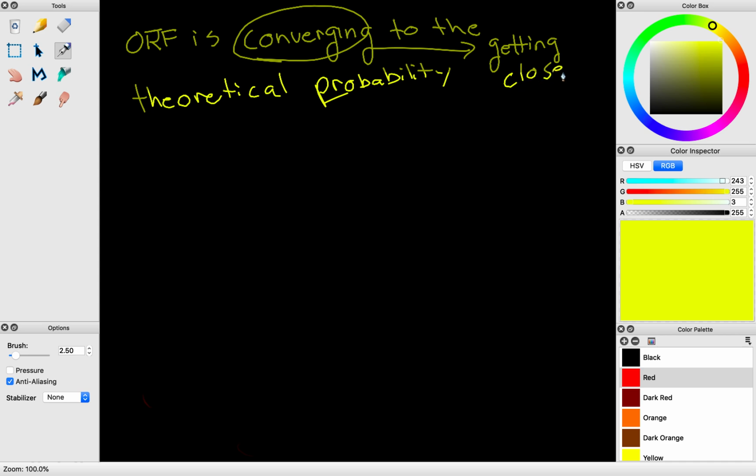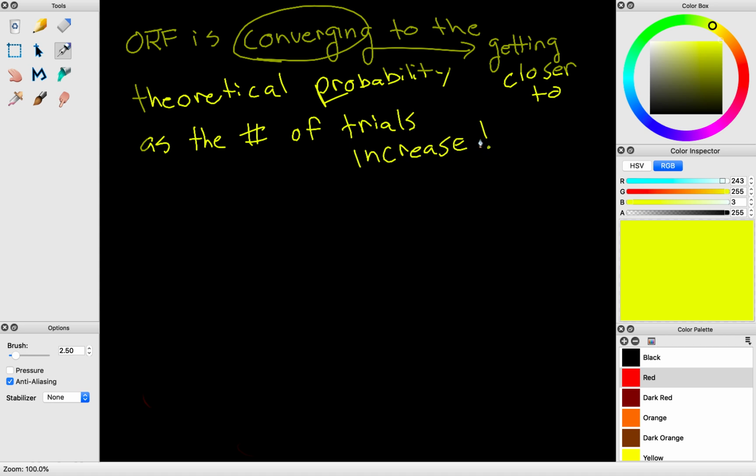It's like a math term for getting closer to. So the ORF is converging, or getting closer to the theoretical probability as the number of trials increase. And that's going to be super important for your test. You're going to have a question directly related to this. So make sure that you understand this.